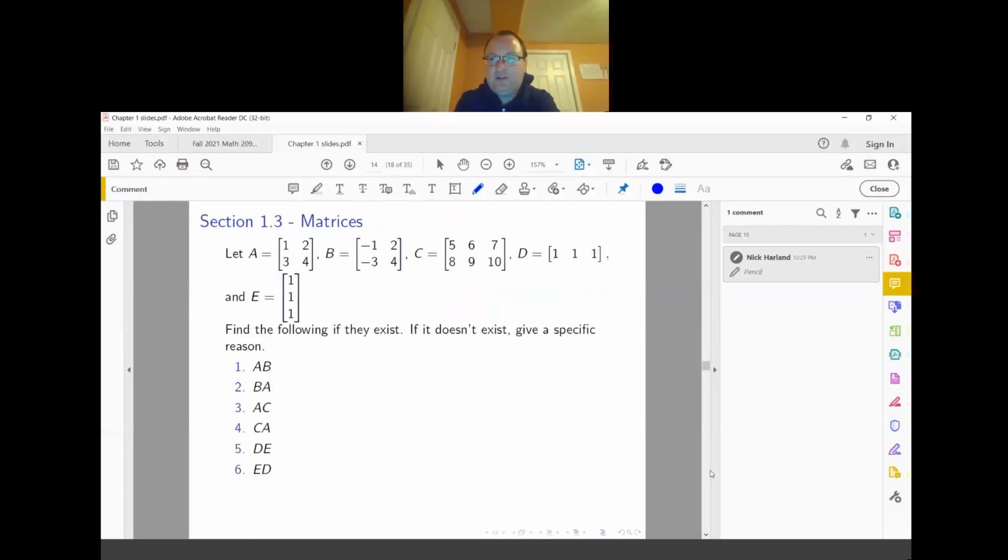All right, the complicated one. Here's a whole bunch of matrices. Now we're going to multiply these matrices together. Again, I'm going to give you some time for this one because it's a little bit more work. Give these a try, and find them if they exist. If they don't exist, give a specific reason, not just that the sizes don't match.